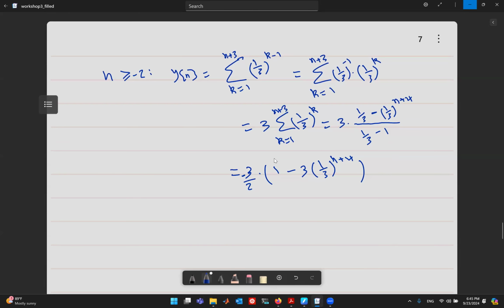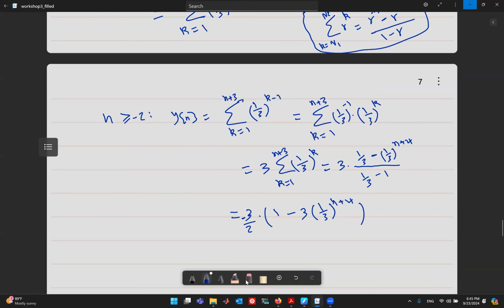So the mistake that I have made here is this should be 1 minus 1/3. 1 minus 1/3 is 2/3, so the 2 remains here, and we multiply by 3 this side, so it will be times 1 minus 3 times 1/3 to the power n plus 4.